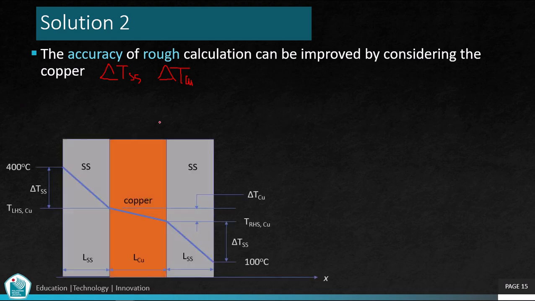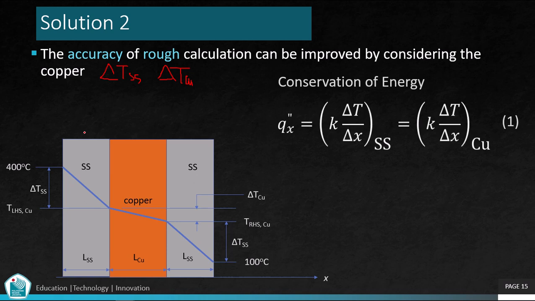So we will use again this model, and by considering the conservation of energy, the steady heat flux through all the three slabs must be the same. So the heat flux should be the same over the stainless steel and also through the copper. So we will have this equation 1.